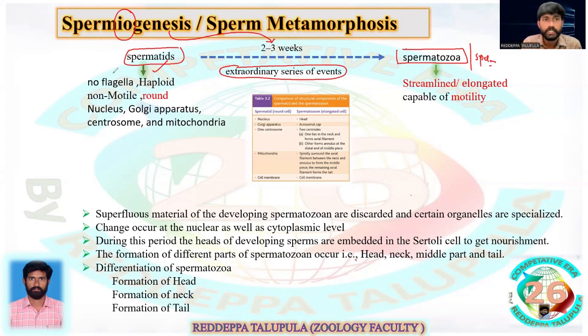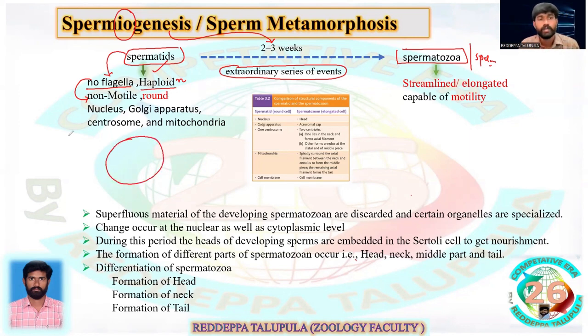Now, if you talk about the characteristics of spermatids, they are without flagella, because of that non-motile in nature. If you talk about the ploidy, it is haploid in nature, as these are the products of meiosis II, which happens in the secondary spermatocytes. Because of that, it is haploid in nature. And if you talk about the shape, it is round.